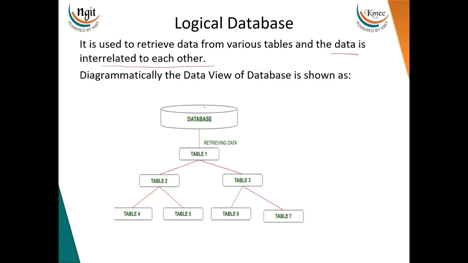So when can we say that both tables are interrelated to each other? We have already come across primary key constraints and foreign key constraints. The table with the primary key is also known as a master table, whereas a table which contains a foreign key is known as a child table, right?